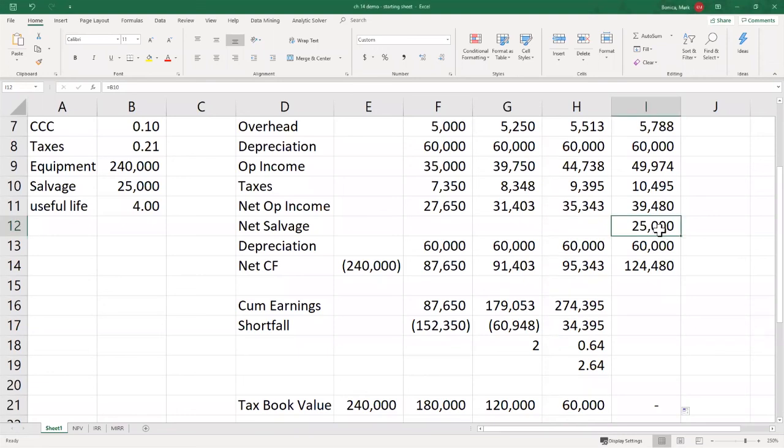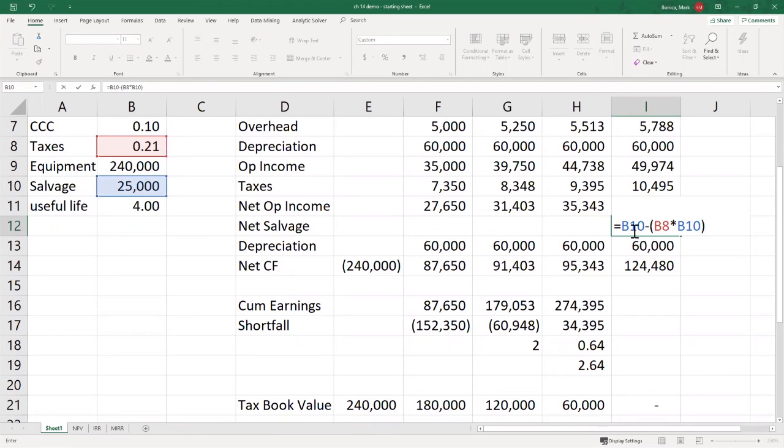We're not done. We've got to do something else with this 25,000. We've got to allow for the taxes. So what we're going to do is subtract off the taxes. We'll take 21% times the salvage value, which we've got over here.